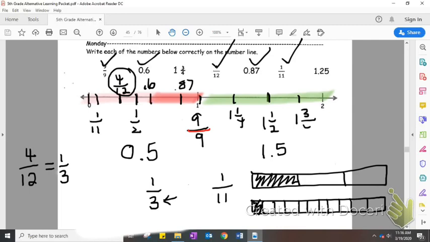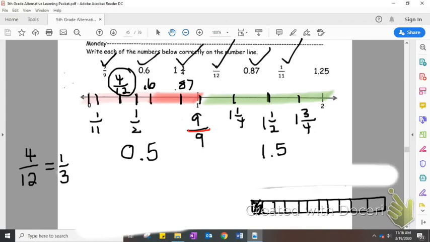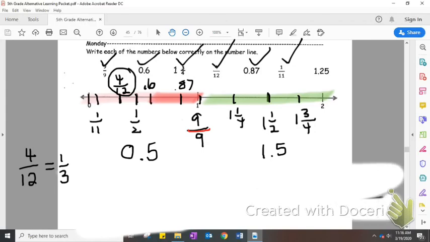There we go. So this one, 1 3/4, we've got it. It's right there. And I'm going to get rid of all this right here because it's distracting.